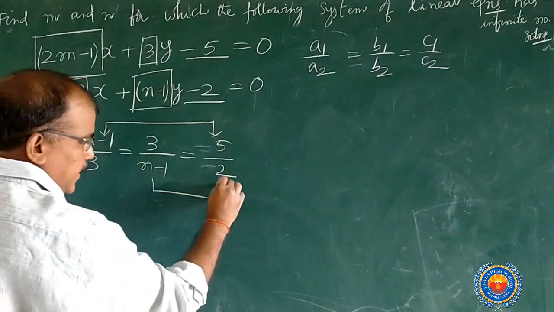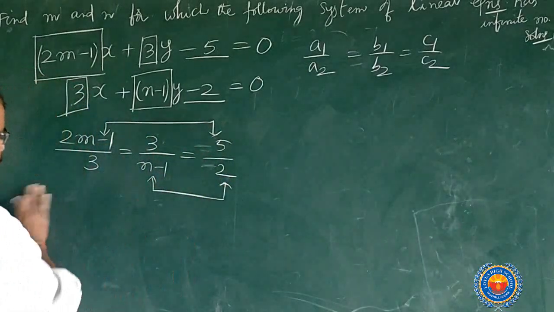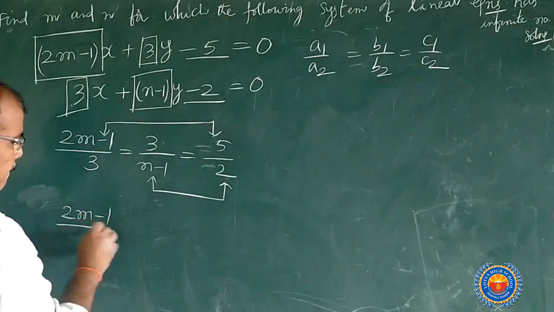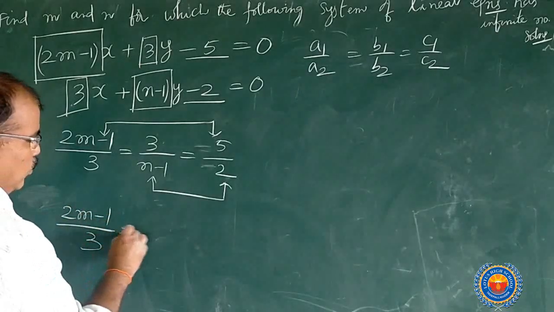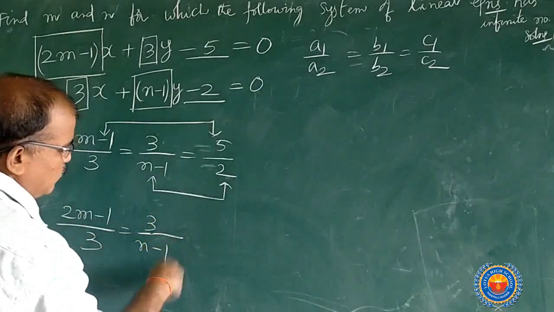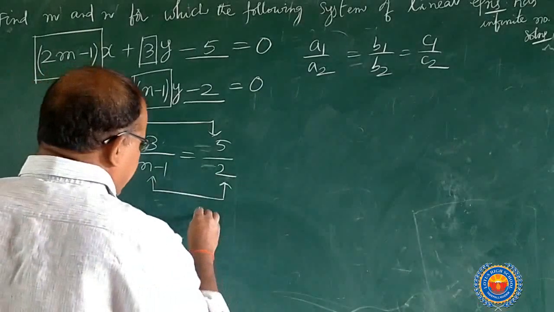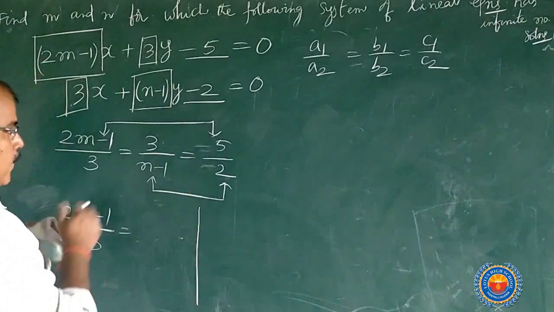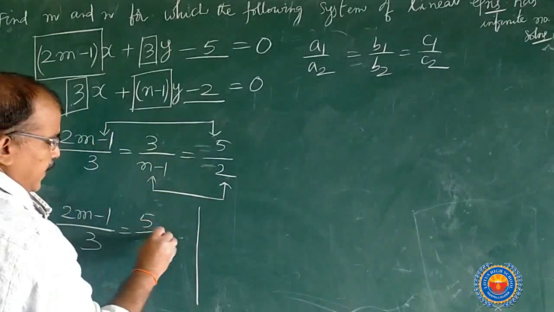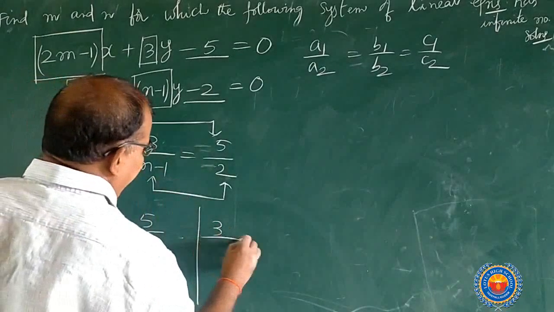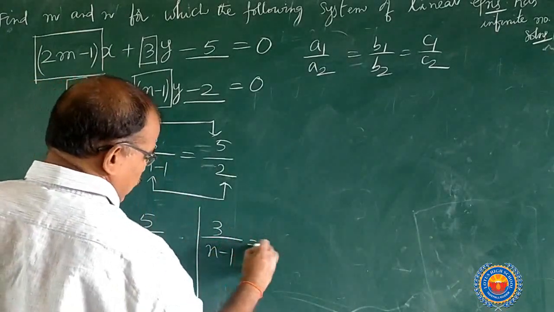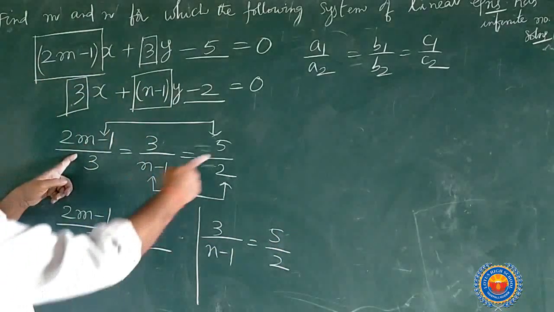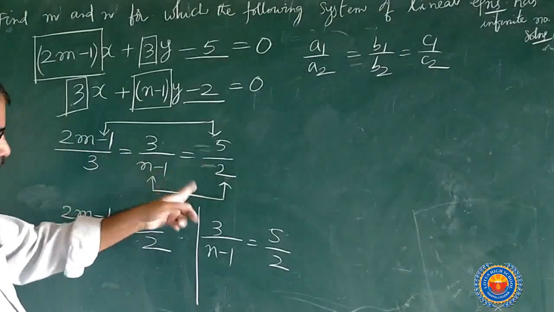Now, the first comparison: (2m minus 1) by 3 is equal to 5 by 2. The second comparison: 3 by (n minus 1) is equal to 5 by 2. Carefully see, first comparison, this one and this one; second comparison, this one and this one.